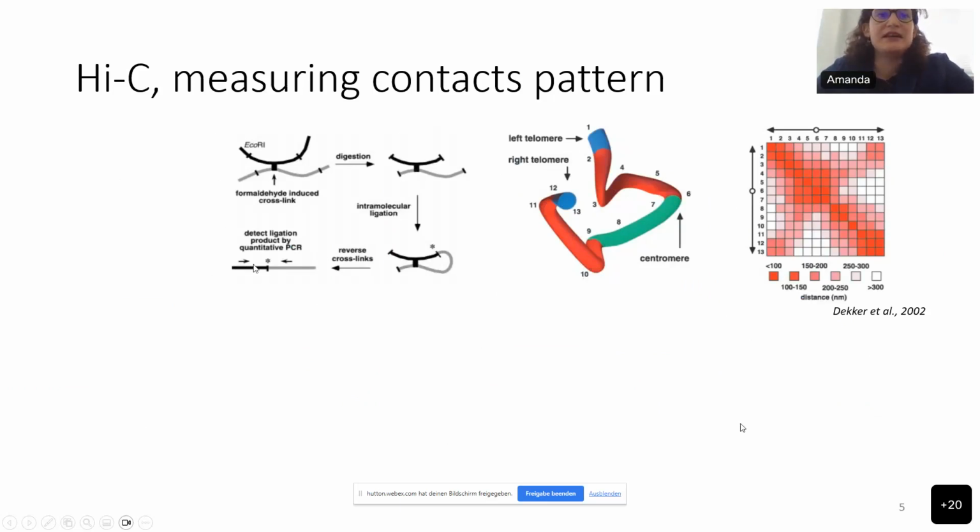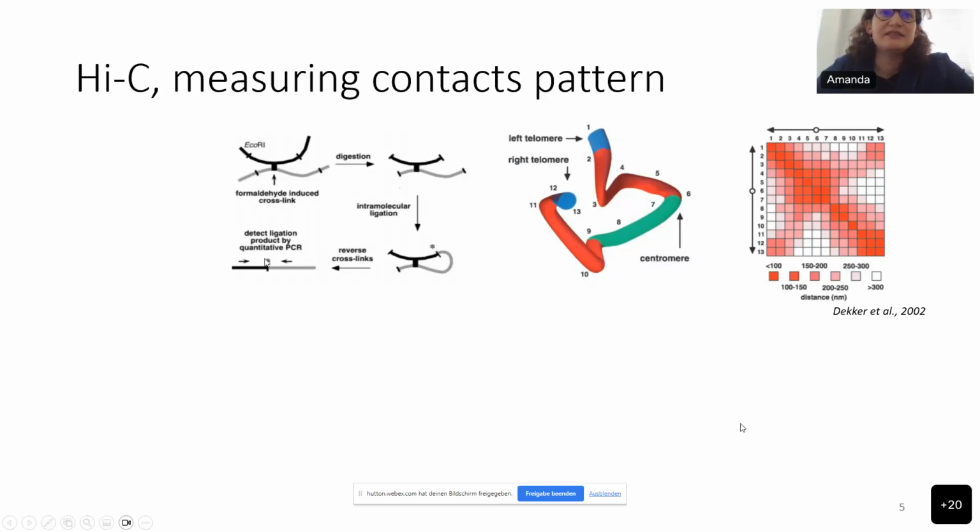So in the Hi-C experiment, the first step is to fix chromosomes with formaldehyde. And then the chromosome is cut into many pieces with digestion enzymes. And then these pieces are religated. So it might happen that pieces of chromosome that were not close in the linear sequence, but are close in space, are ligated together because of close spatial proximity.